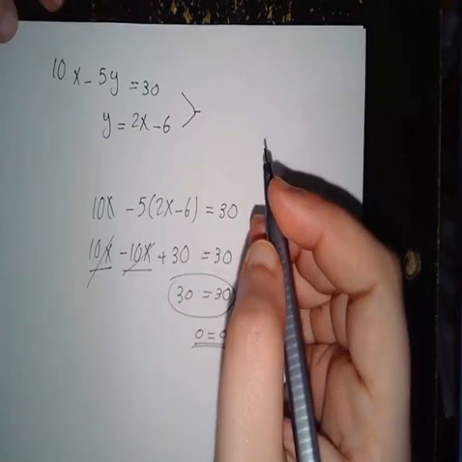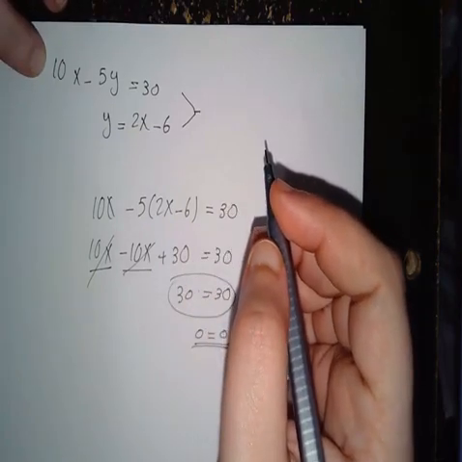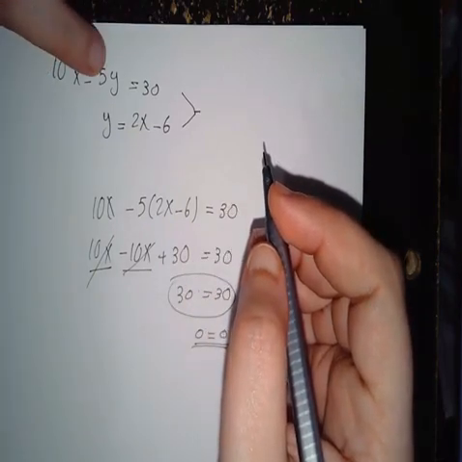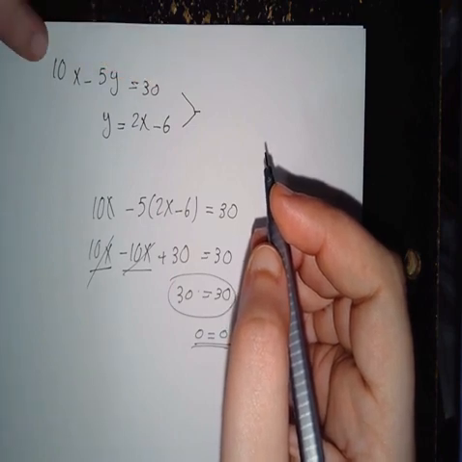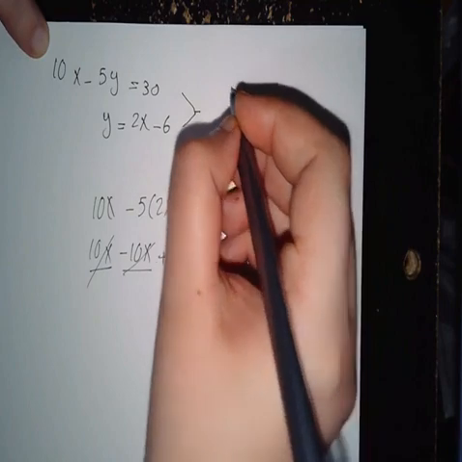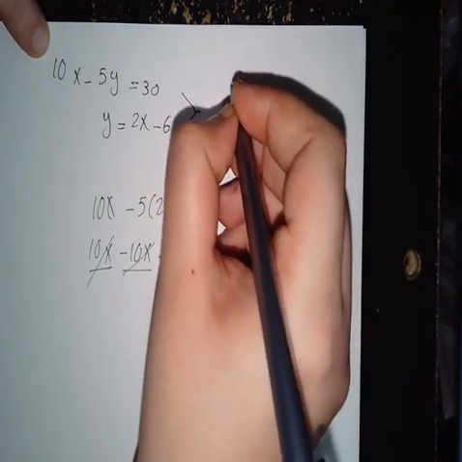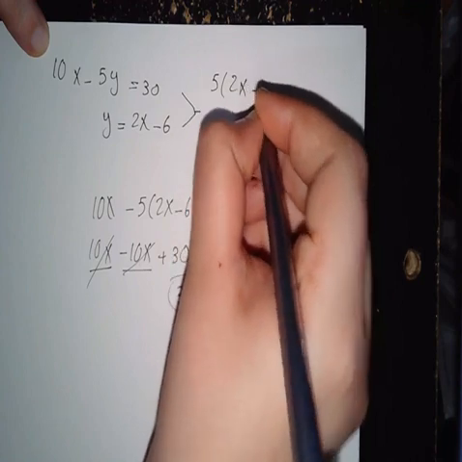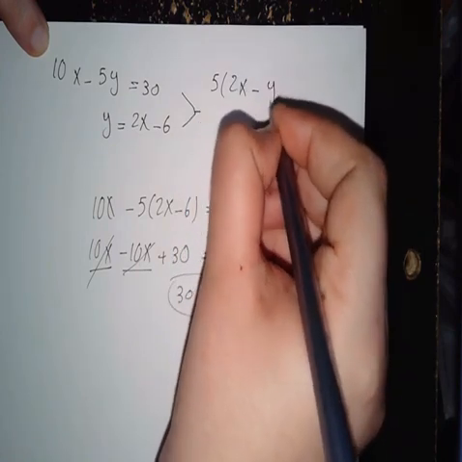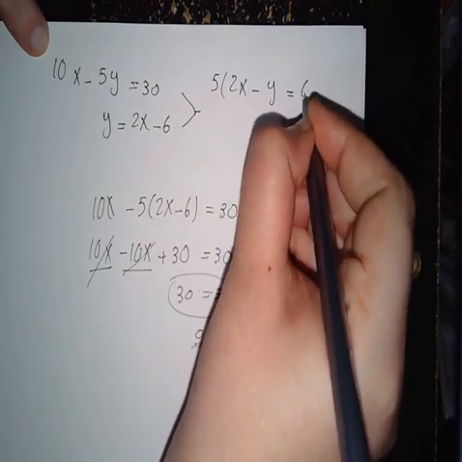So, the first one is what? 5, 5, 5. They can all be divided by 5. So I'm gonna factor out a 5. It's 2x minus y equals 6.